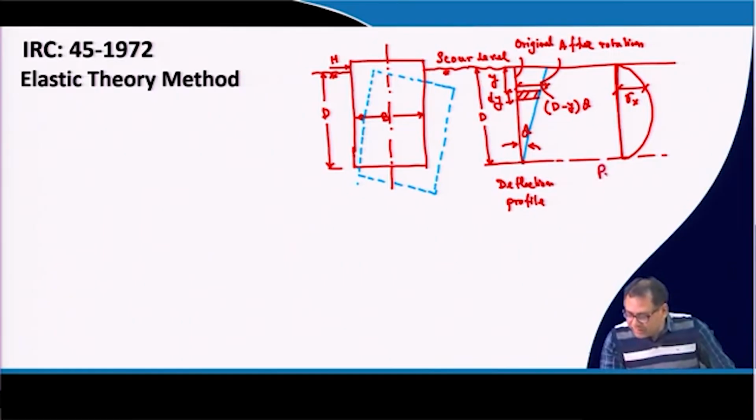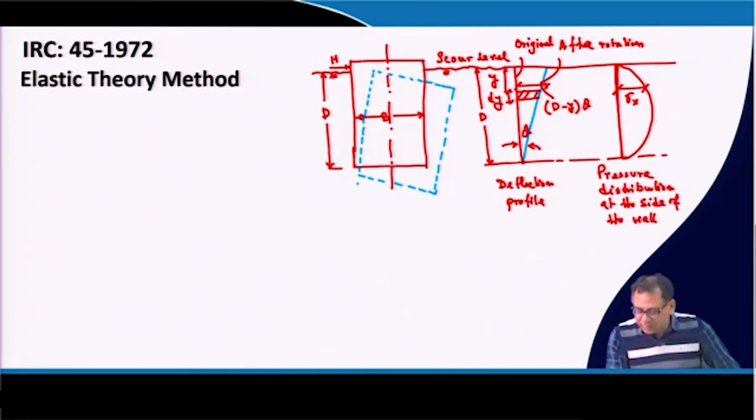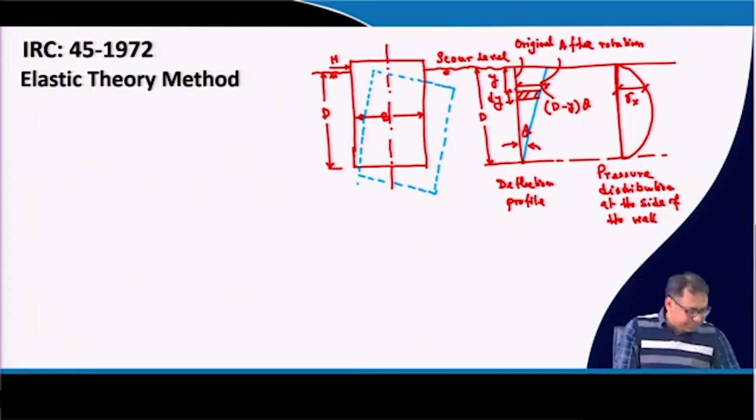So, this is the pressure distribution diagram at the side of the well, where the pressure distribution is like this.